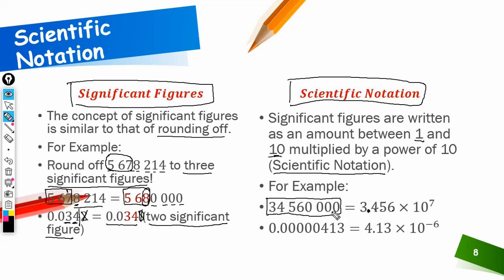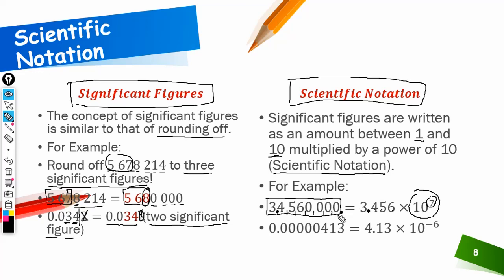Okay, let's see. The point was here, and then you move it 1, 2, 3, 4, 5, 6, 7 times. So you multiply this with 10 to the power of 7.